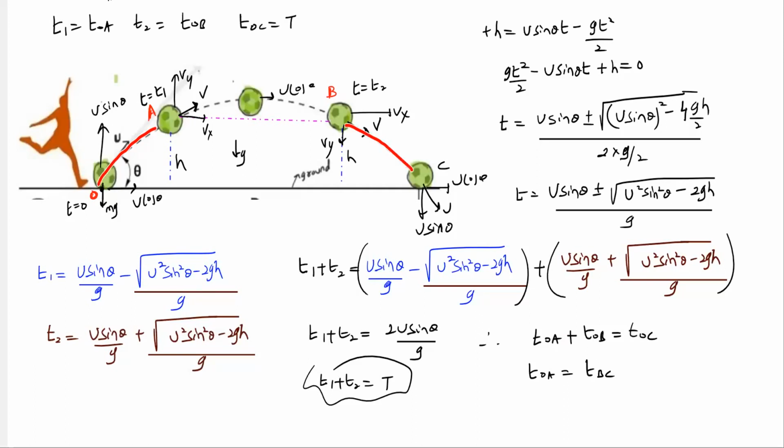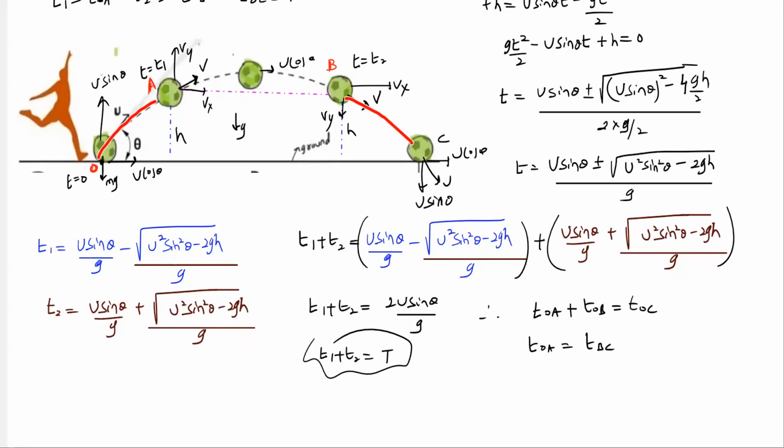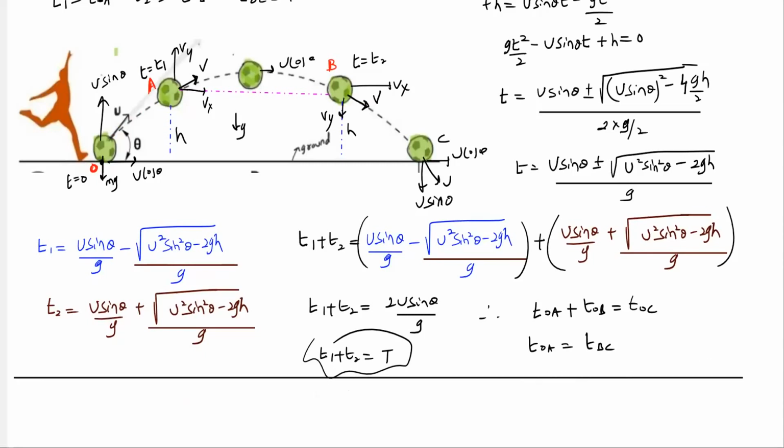And what is the time interval as it moves from A to B? So we can calculate that TAB also. So how to calculate TAB? TOB minus TOA. This will be directly equal to the square root of u square sin square theta minus 2gh, over g.